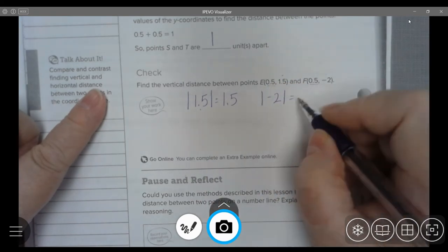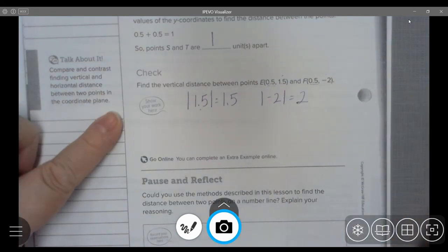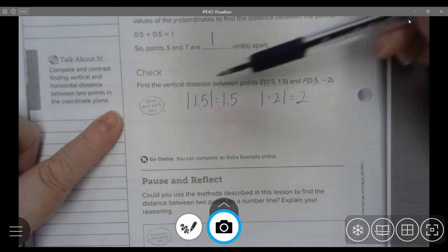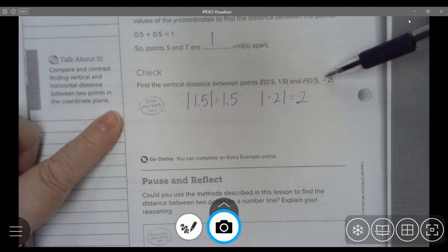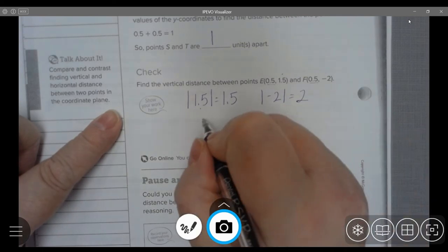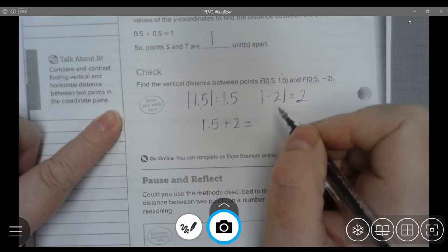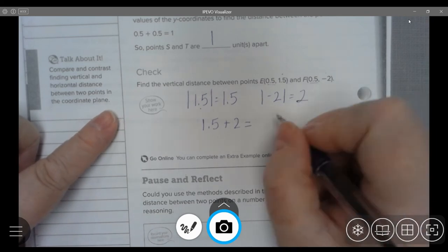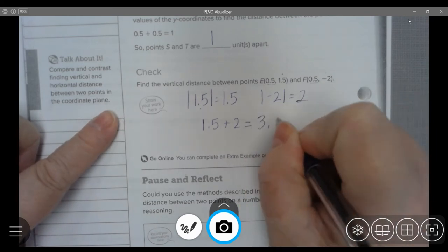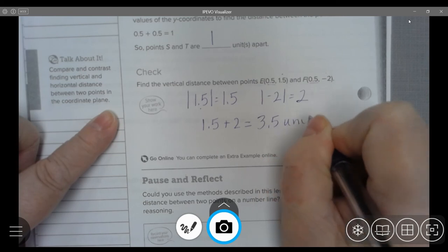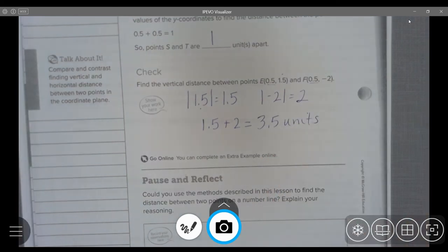And the absolute value of negative 2 is 2. And because one is positive, one is negative, we know that they are different, so we need to add them together. So we would take the 1 and 5/10, add it to the 2, and we would come up with the answer of 3 and 5/10 units apart.